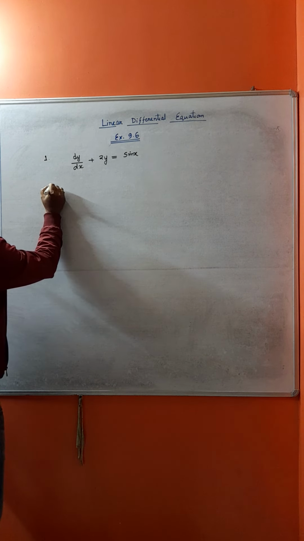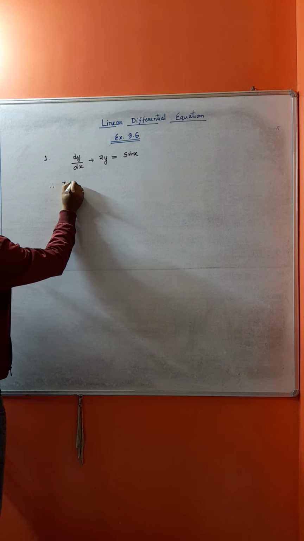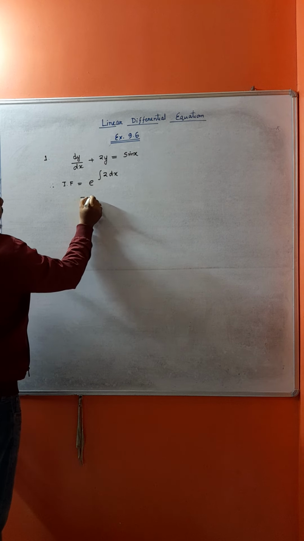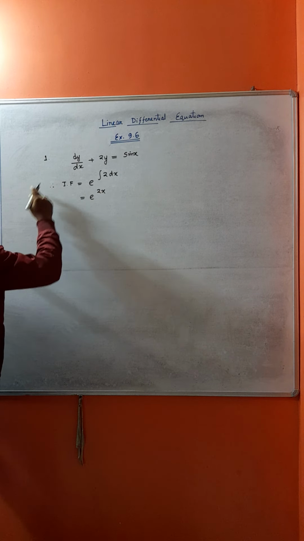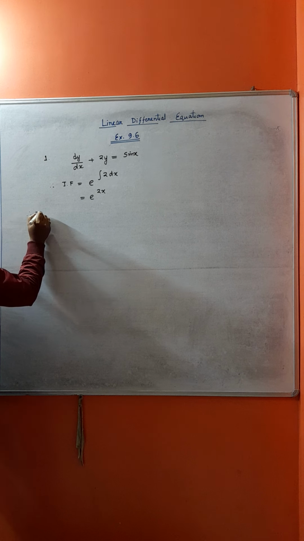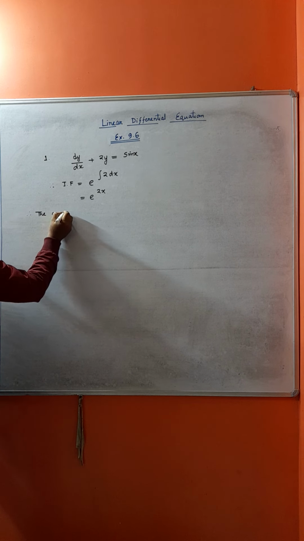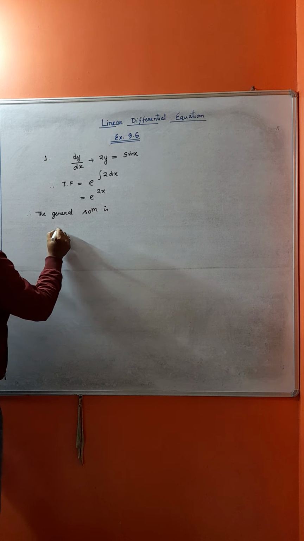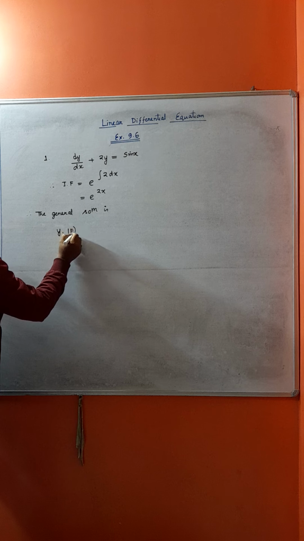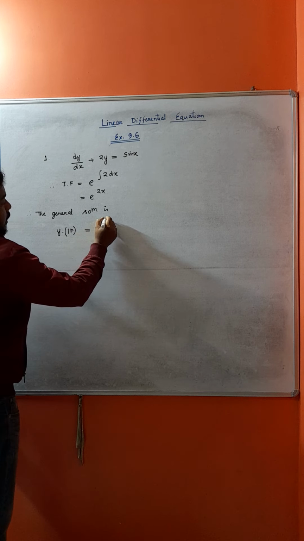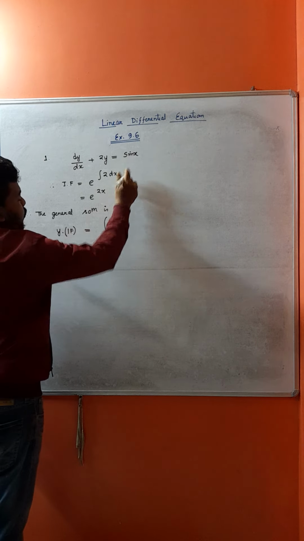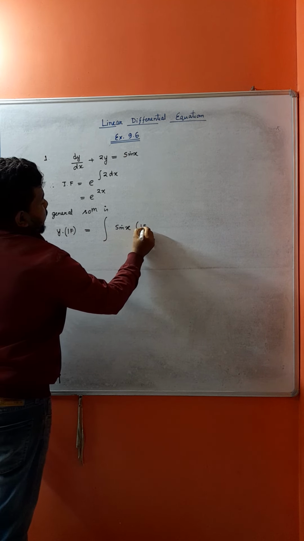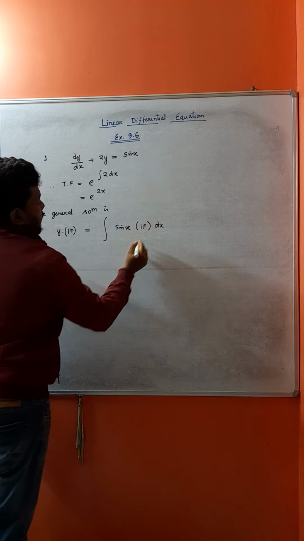So we can write IF is equal to e to the power integration of 2 with respect to x, e to the power 2x. This is your IF. Therefore the general solution is y into IF is equal to integration of q, q means sin x, into IF dx.